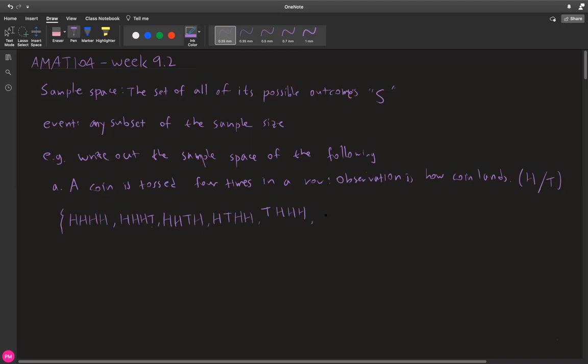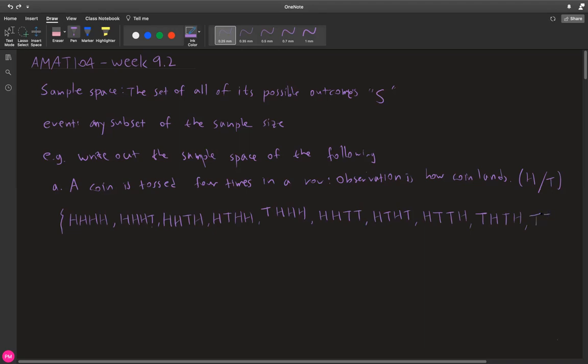And now let's go over to two tails. So we have heads, heads, tail, tail; heads, tail, heads, tail; heads, tail, tail, heads; and we have tail, heads, tail, heads; and, oh, it's not the last, I guess, tail, tail, heads, heads.